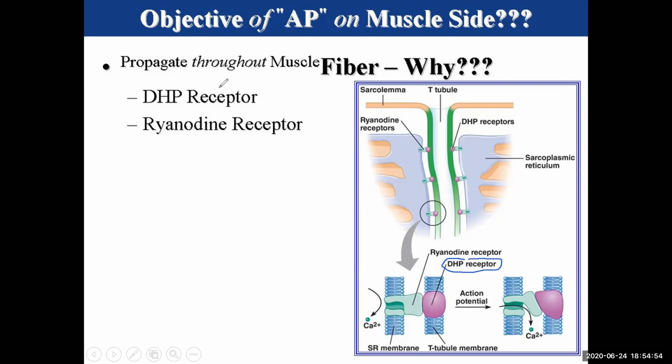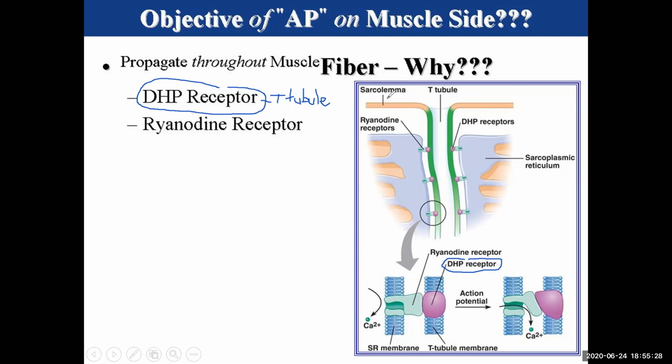Okay, so DHP receptor, that's on the T-tubule, which is the sarcolemma, by the way. The T-tubule is the structure, the space that causes the invagination of that cell membrane of the skeletal muscle fiber.